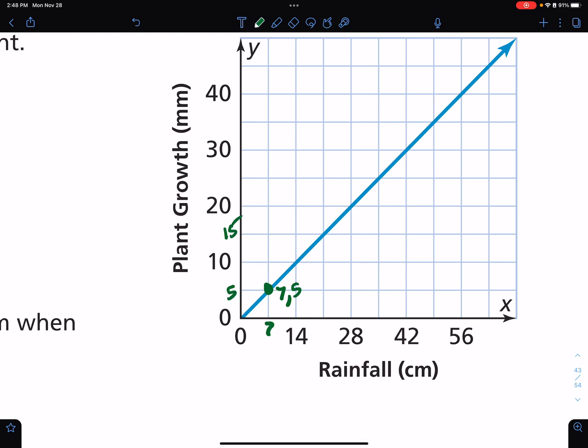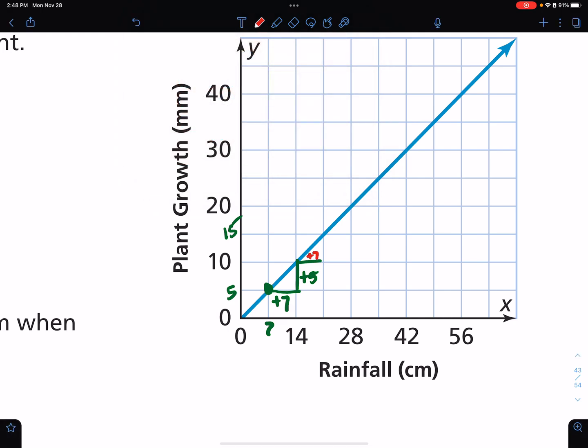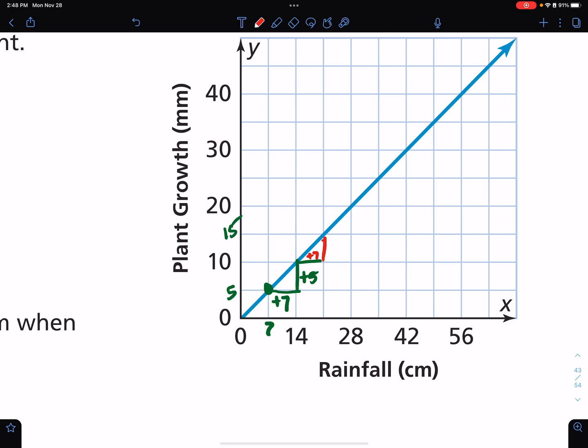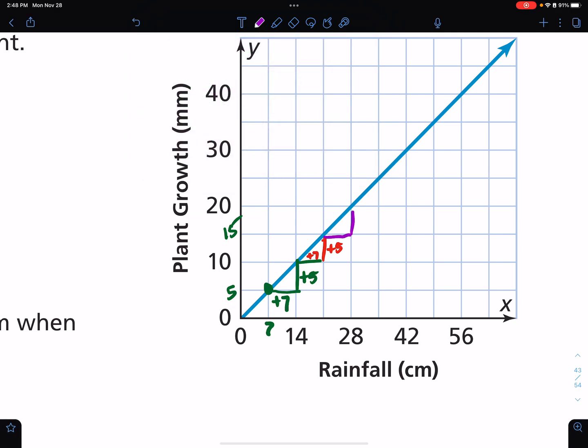Now, we should have talked a little bit in the video about how we went over to the right. Our x was plus 7, and our y was plus 5. So if we kept doing that, let's change the colors. Plus 7, plus 5. Plus 7, plus 5.